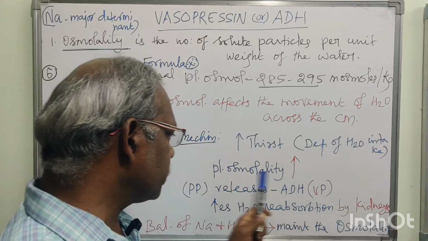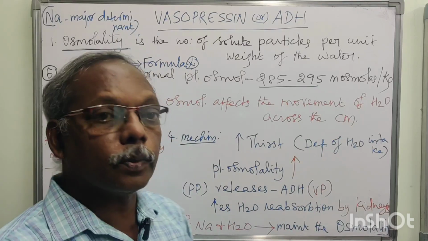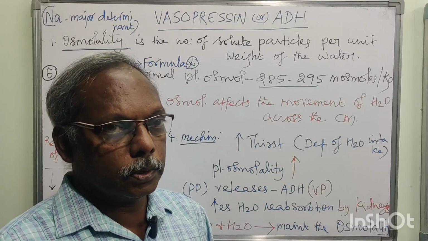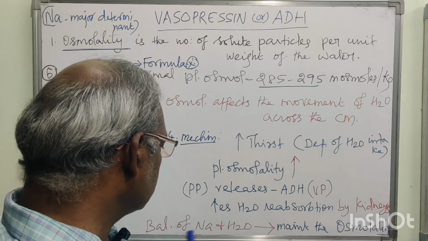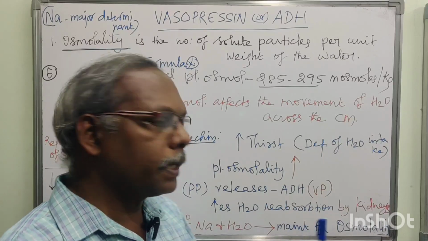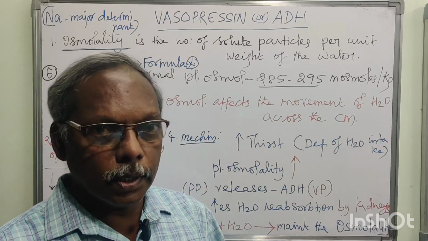So the role of vasopressin here is that it increases water reabsorption in the kidney by renal tubules. That leads to balance of sodium and water, and finally they maintain the plasma osmolality.